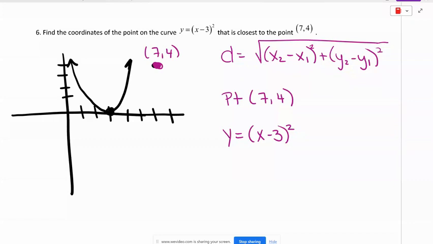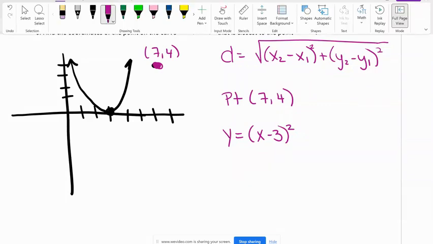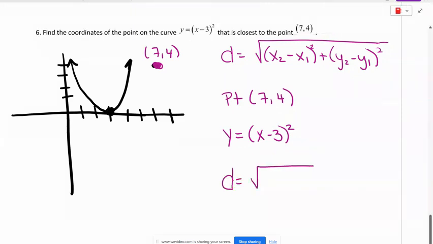What am I going to do with the (7, 4)? What am I going to plug that in as? Good, x2, y2. So distance is going to equal the square root of (7 minus x) squared plus (4 minus y) squared.